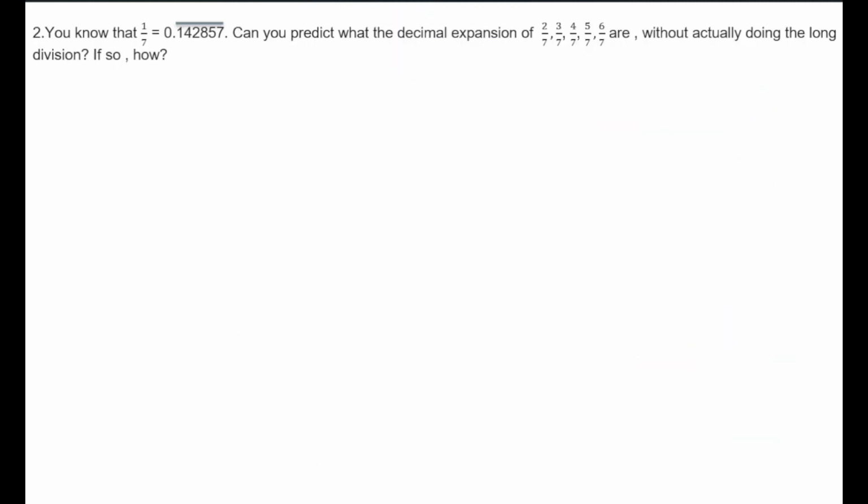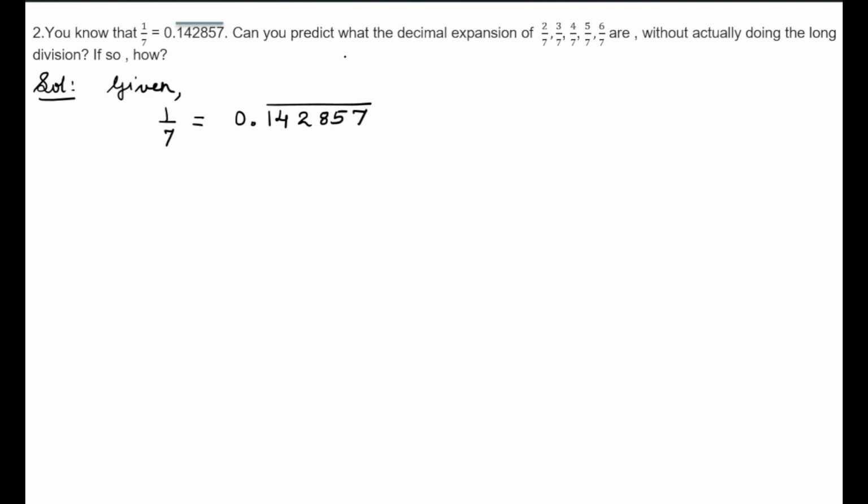Now question number 2 says, you know that 1 by 7 is equal to that one value, okay? So let us quickly write whatever is given. So we'll just write that it is given that 1 by 7 is equal to 0.142857 bar. Now this bar again indicates that this whole pattern will repeat.